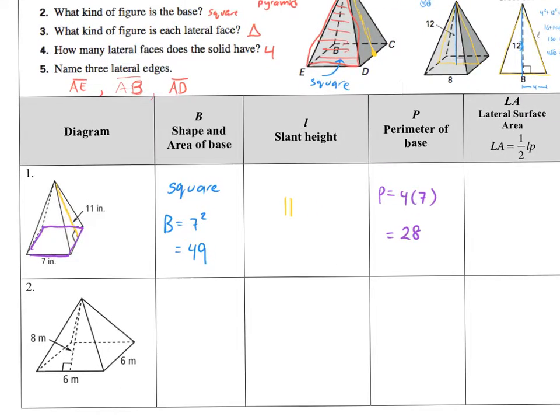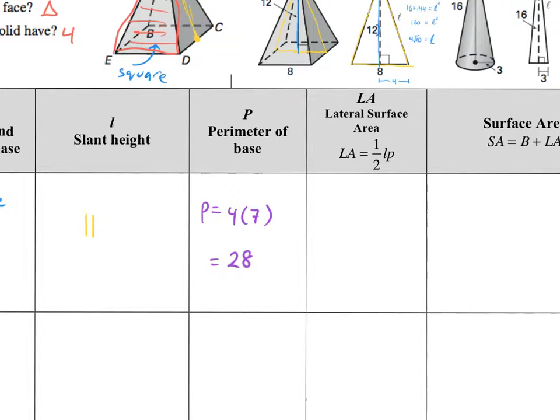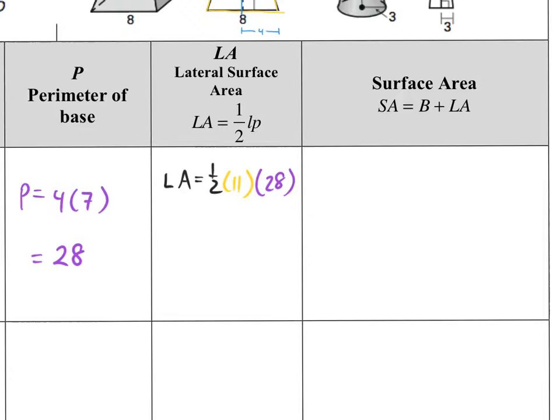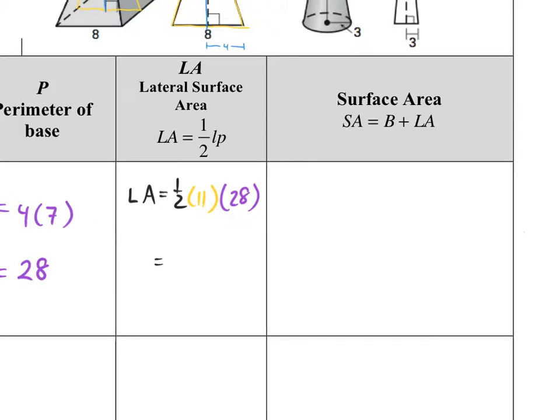Penultimately, in order to find the lateral area, I'm going to substitute in the 11 slant height, and the perimeter being 28. Multiply those together, and I get 154 square inches in this case.